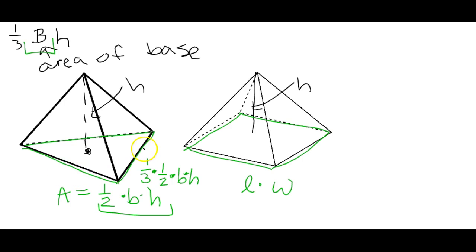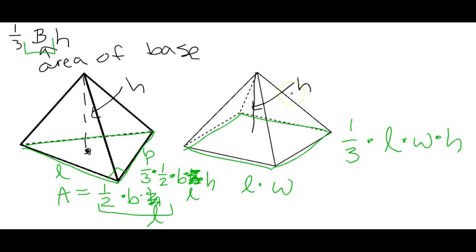I'm going to call this base, and I'm going to call this length instead, times the height of the pyramid itself. Or for this one, we would have the 1/3 times the area of the base, so times length times width, times the height of the pyramid.